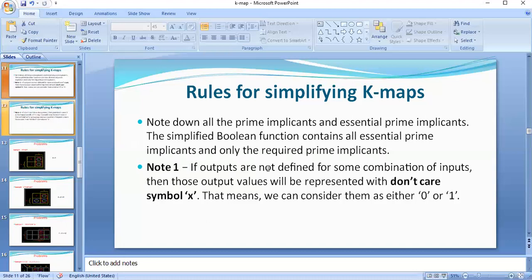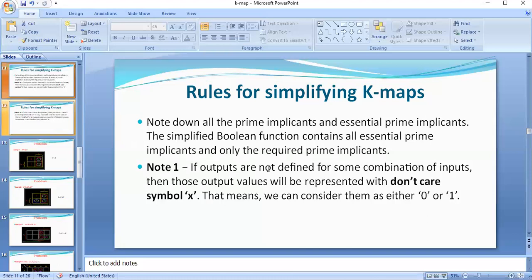Another classification in K-map is the K-map method of simplification with don't cares. Sometimes outputs are not specified or not defined for some input combinations. In that case, we take them as don't care. Don't cares are represented in the K-map with a cross mark.